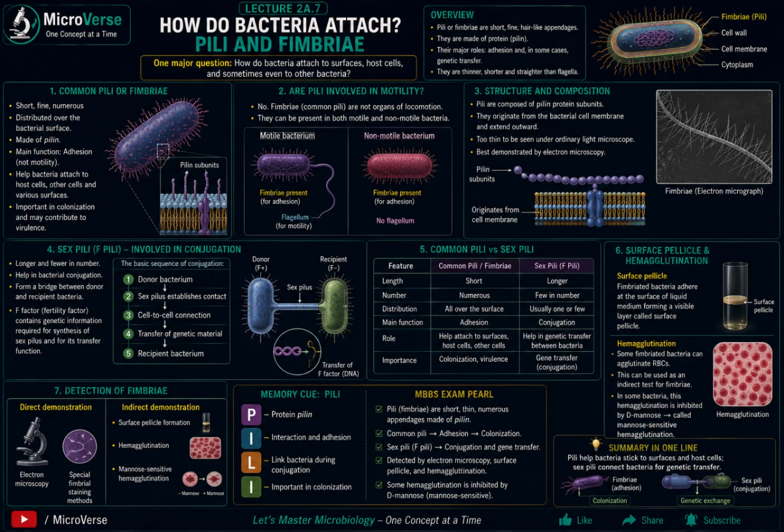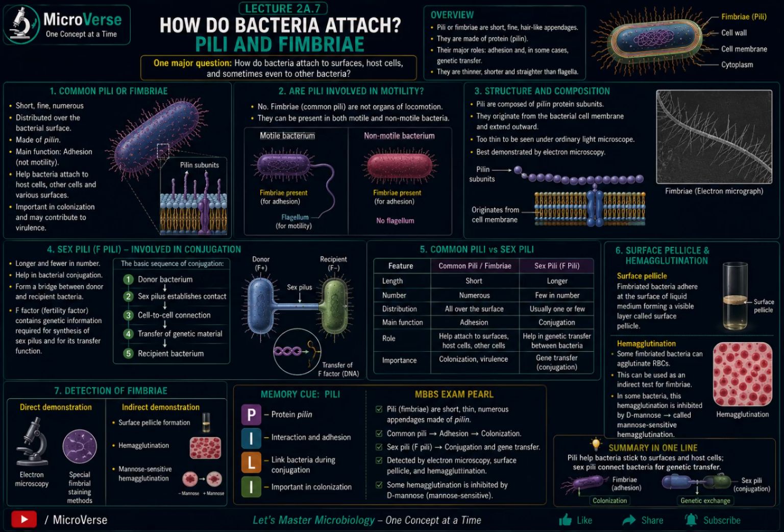So here we see the difference between common pili and sex pili. Don't confuse common pili with sex pili. Common pili or fimbriae are usually short and numerous. Their main function is adhesion. They help bacteria attach to the host cell or other surfaces, which is important for colonization.